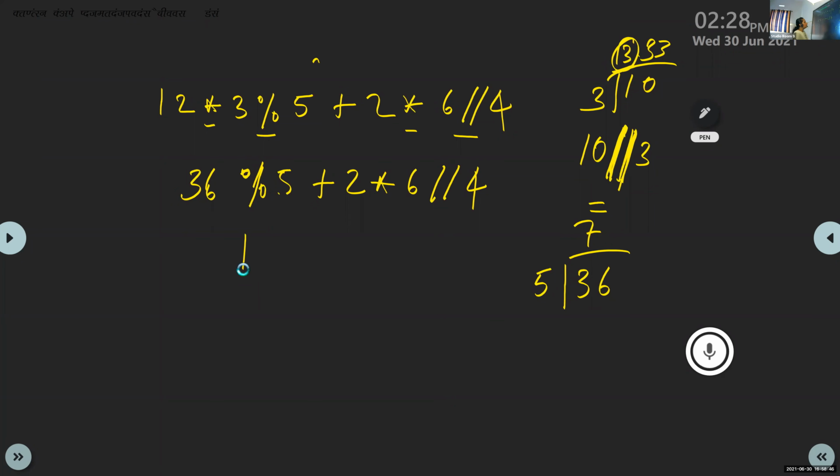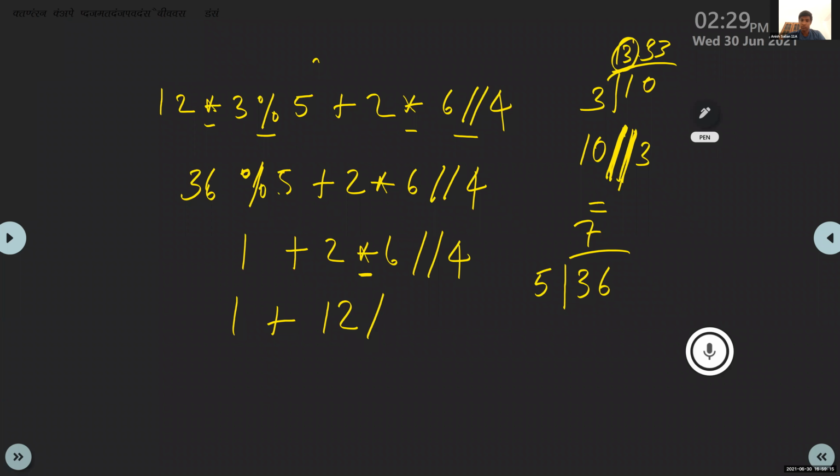Is it correct, Alan Shibu? Yes, ma'am. Okay. Then 1 plus 2 into 6 floor division 4. What's the next operation, Anish? Ma'am, 2 into 6, because star has higher precedence than plus. So 1 plus 2 into 6 is 12 floor division 4.